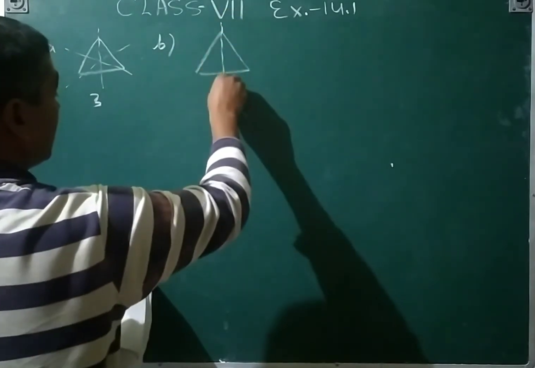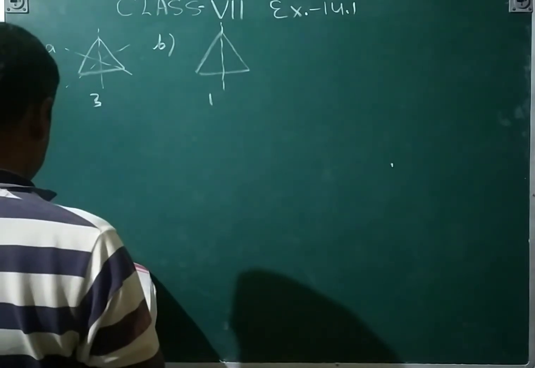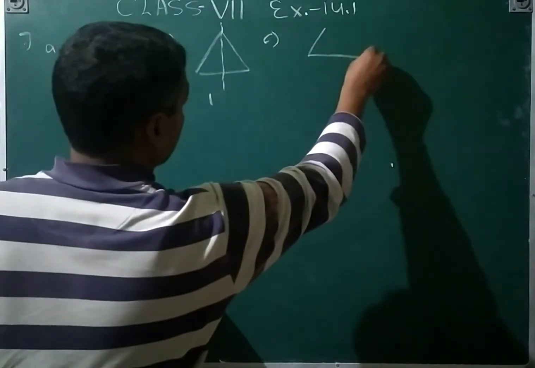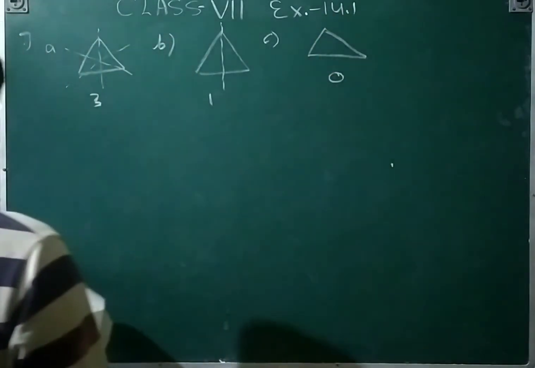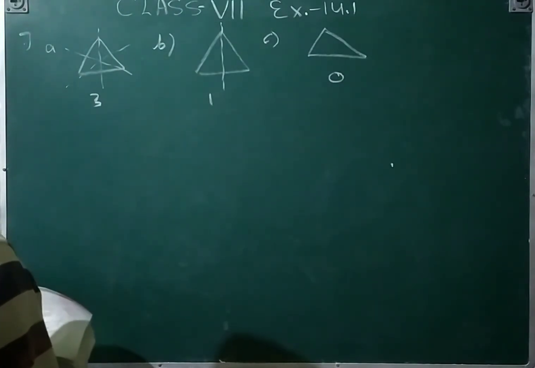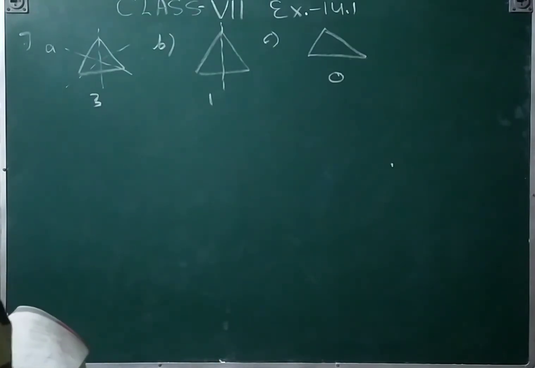Only that will be the line of symmetry, that will be 1. Scalene triangle 0, because no symmetry is there. Square 4, rectangle 2, rhombus 2, parallelogram 0. A quadrilateral 0, regular hexagon 6.